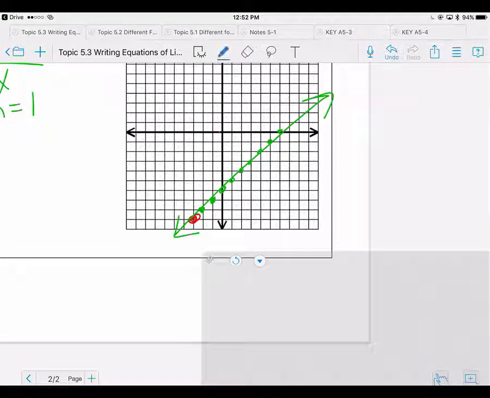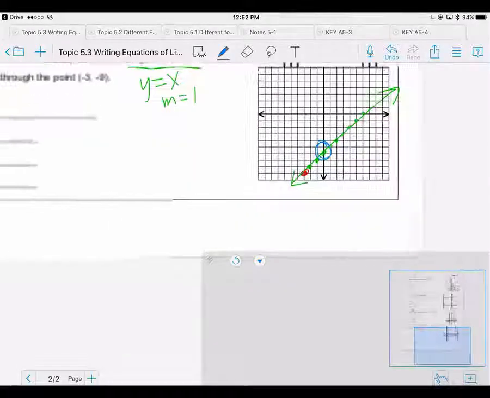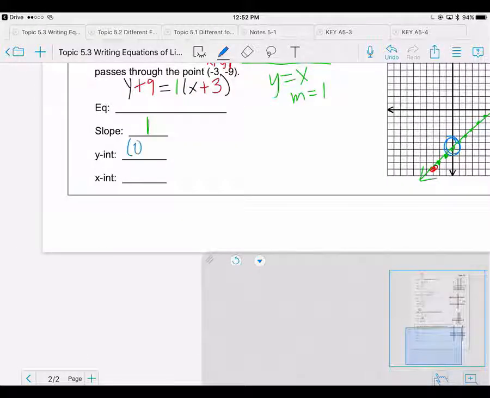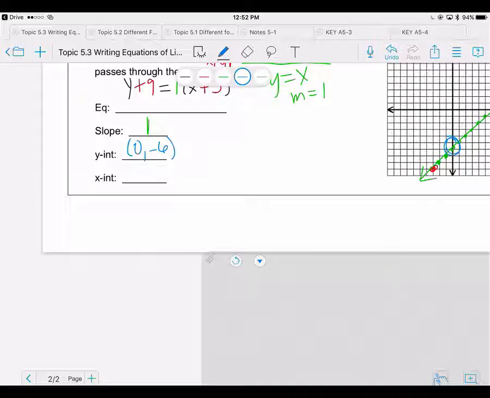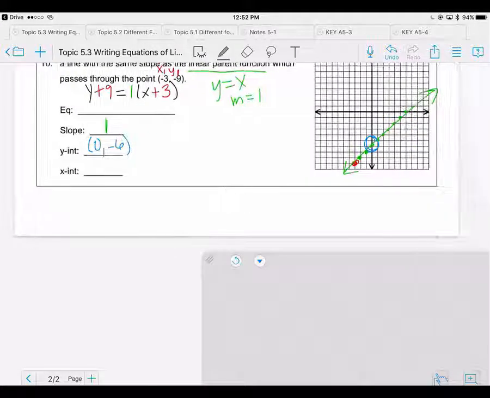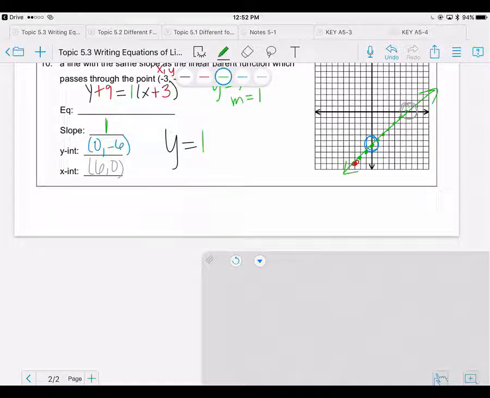And it crosses my y-axis at -6. And it crosses my x-axis at +6. So this would be the equation y = 1x minus 6 in slope-intercept form.